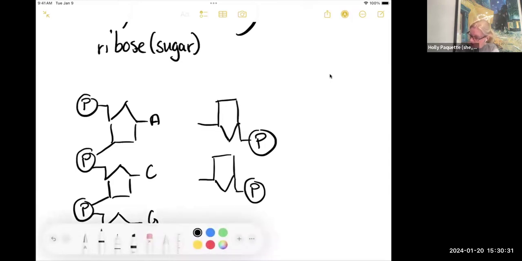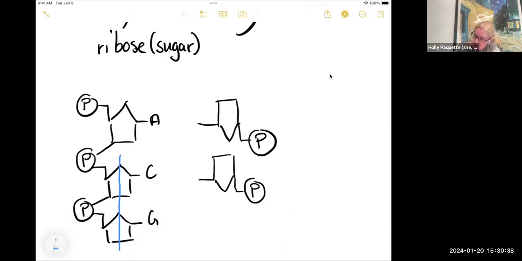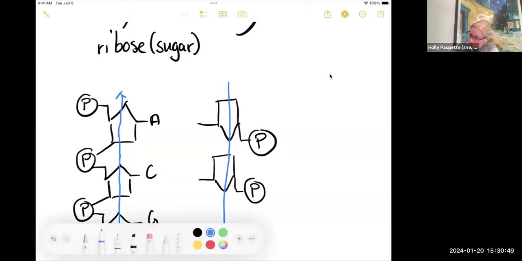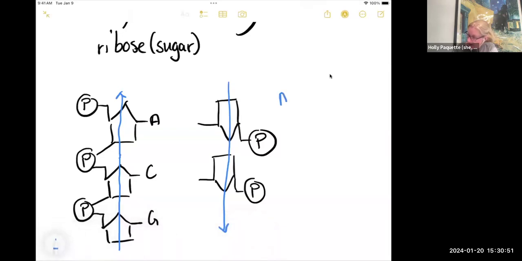So if we were to look at our sugars, our ribose, what you might see is that the sugar on this side, they're all pointing in this direction. And in our second strand, they're all pointing in this direction. And if you've ever heard it referred to, this is what we refer to as anti-parallel. And what that means is that these two strands run in opposite directions, but they do connect in the middle.